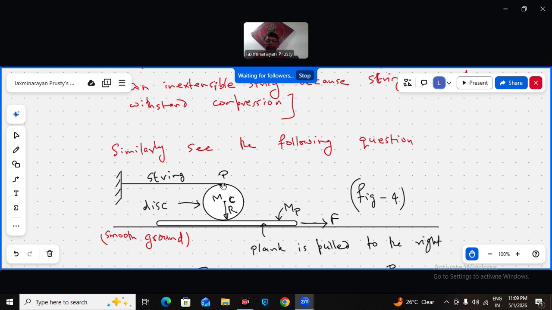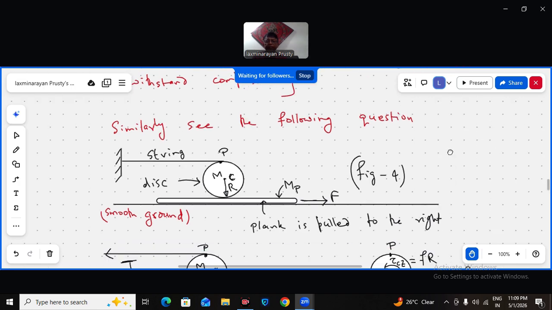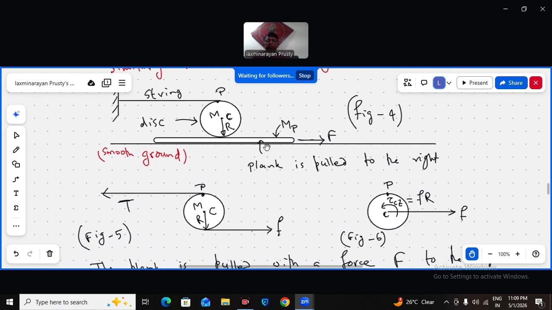The top point is P. This is mass M. Mass of the plank is MP. C is the center of the cylinder, the central axis, the center of mass of the cylinder lying on the central axis. This is disc or cylinder, whatever, called the same. Okay, the plank is pulled to the right with an external force capital F, as you see.